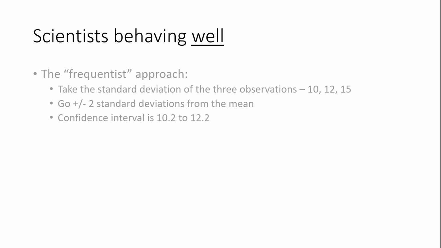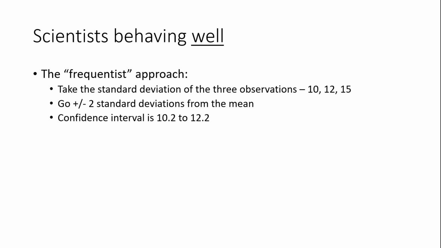Well, if you're in a frequentist world, the best we can do is take our 3 observations, calculate a standard deviation, and then go plus or minus 2 standard deviations from the average. And we get a confidence interval from 10.2 to 12.2. But we can think logically about these observations.